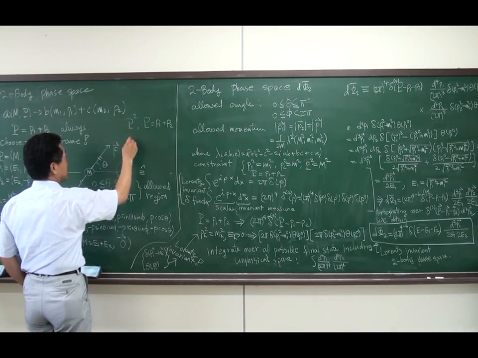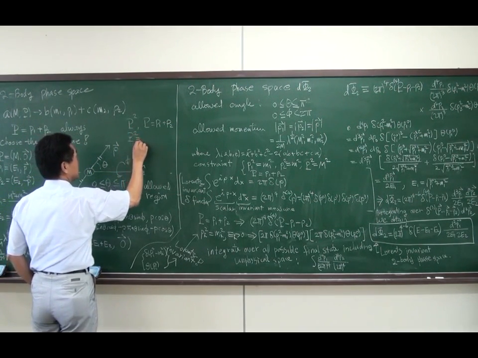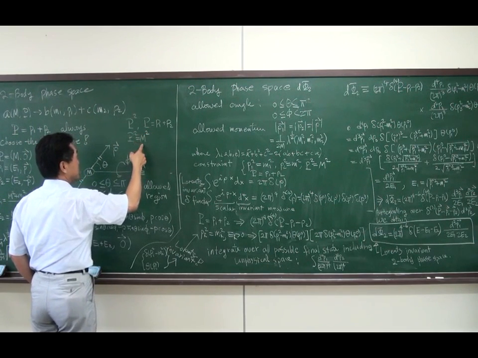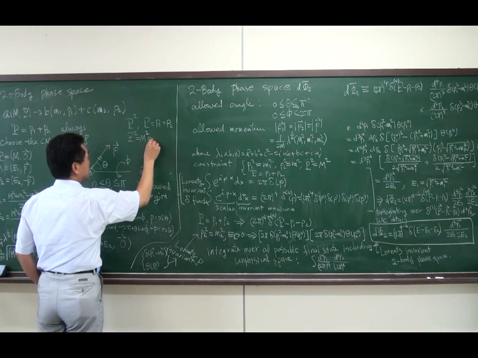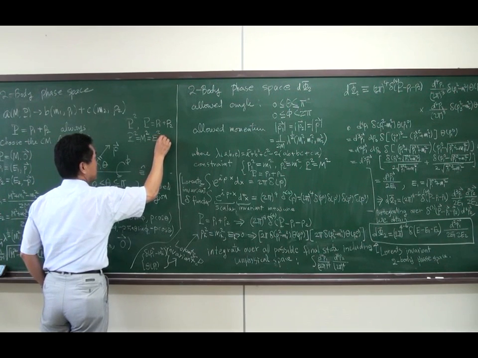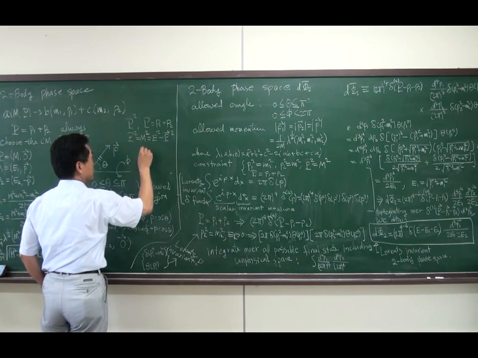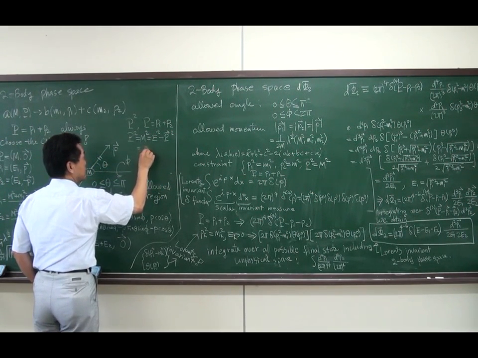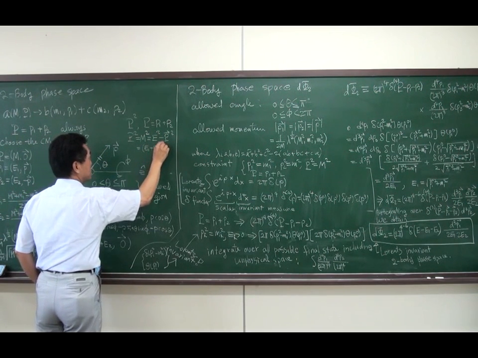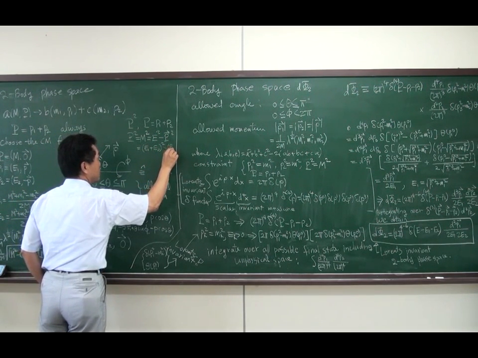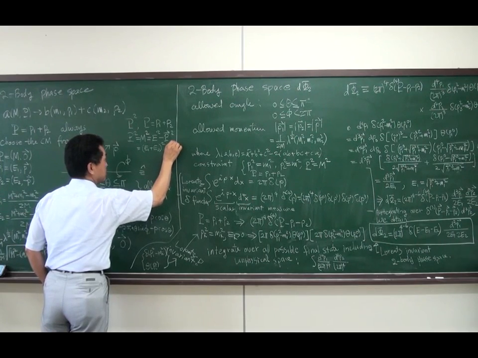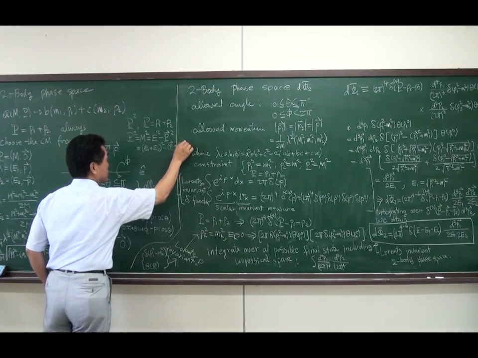And when I squared this, this was capital M squared, that is the invariant mass of the system. Actually, it is E squared minus vector P squared, or (E1 plus E2) squared subtracted by (vector P1 plus vector P2) squared.